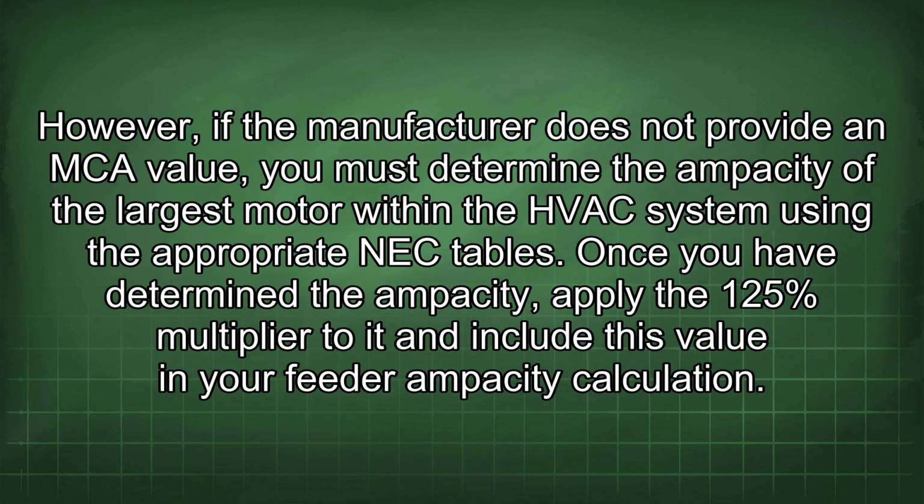However, if the manufacturer does not provide an MCA value, you must determine the ampacity of the largest motor within the HVAC system using the appropriate NEC tables. Once you have determined the ampacity, apply the 125% multiplier to it and include this value in your feeder ampacity calculation.